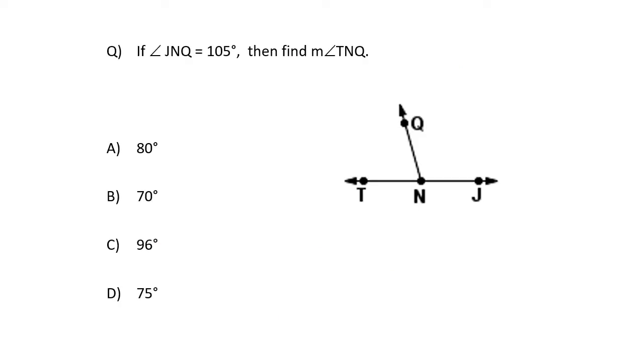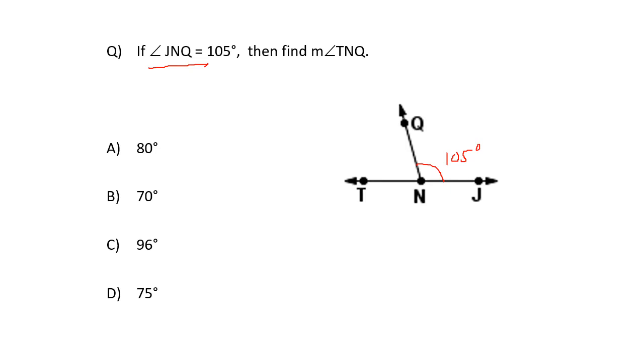Similarly, there is one more question. What does it say? If angle JNQ, let me draw it in the diagram, JNQ. This particular angle is 105 degrees.